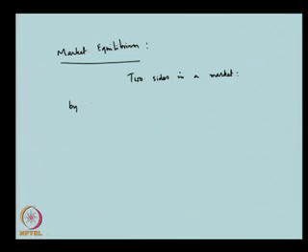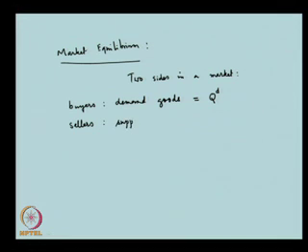Buyers demand goods. We shall call the amount of goods that they are demanding QD, and there are sellers who supply goods, and this we shall call QS.